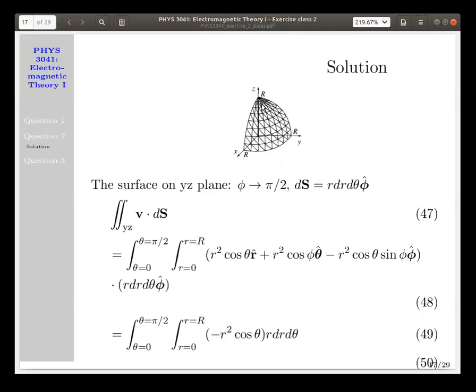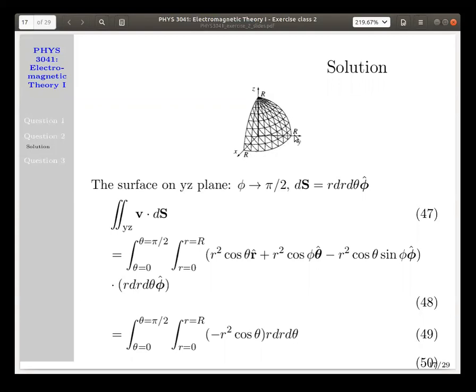On this surface, the normal vector is pointing in the negative x direction, exactly the same direction as phi hat at this point. Phi hat is pointing along the tangent to the curve from x to y.